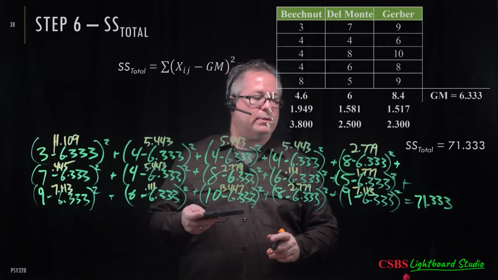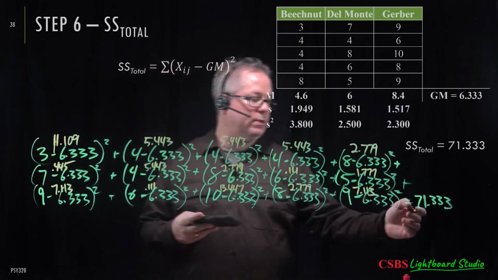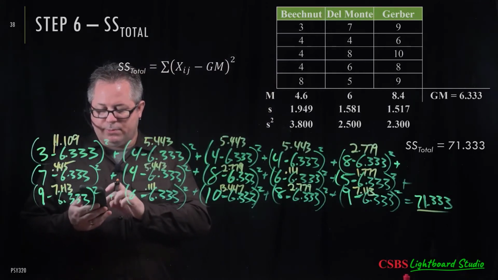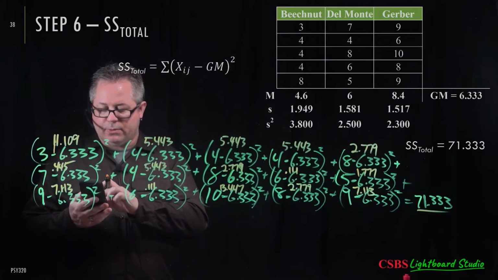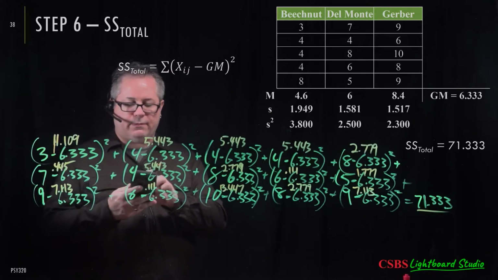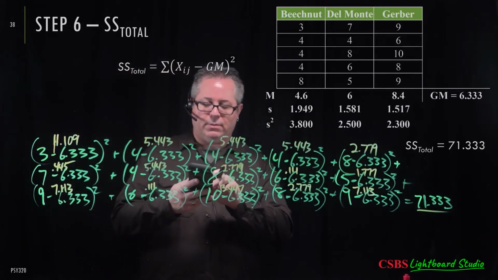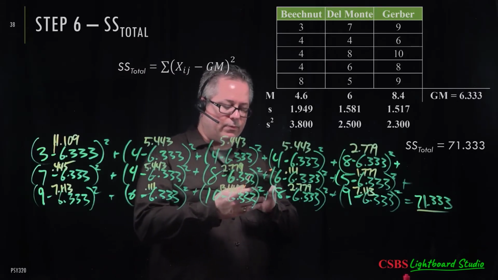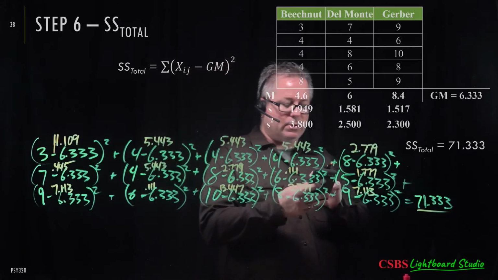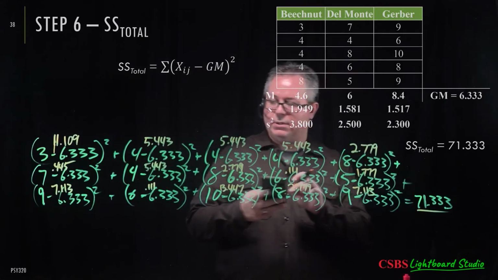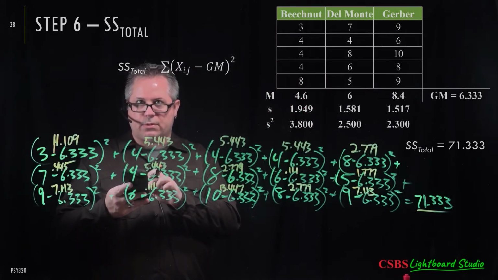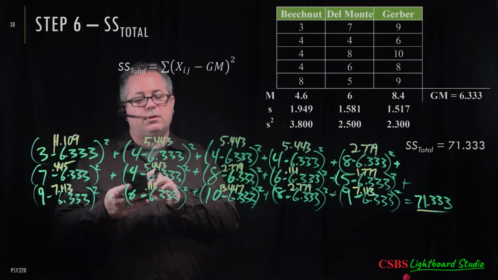All right, now let's add it up and see if we do get this number. 11.109 plus 5.443 plus 5.443 plus 5.443 plus 2.779 plus 0.445, I put 0.44 without a 5, but whatever, it'll be a little off.